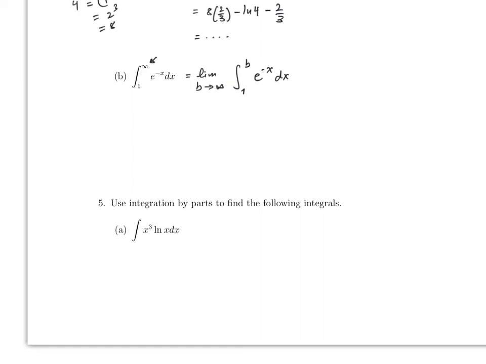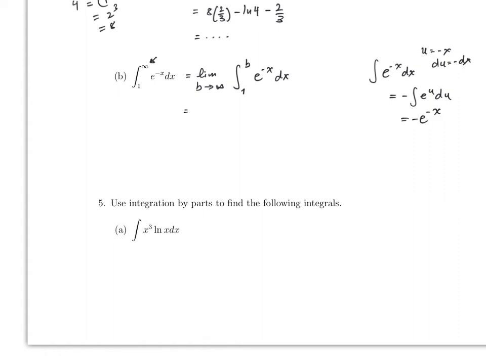Now recall the integral of e to the minus x dx. If we use the substitution u equals minus x, du will be minus dx. So this is just minus e to the u du, which is just minus e to the minus x. Okay.